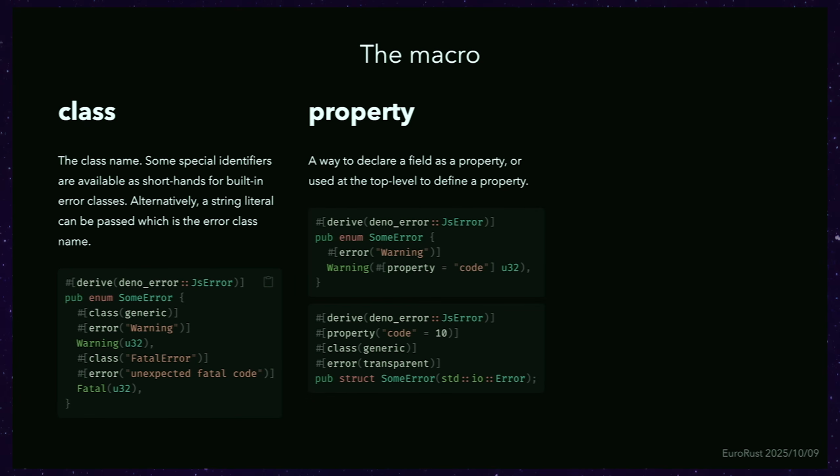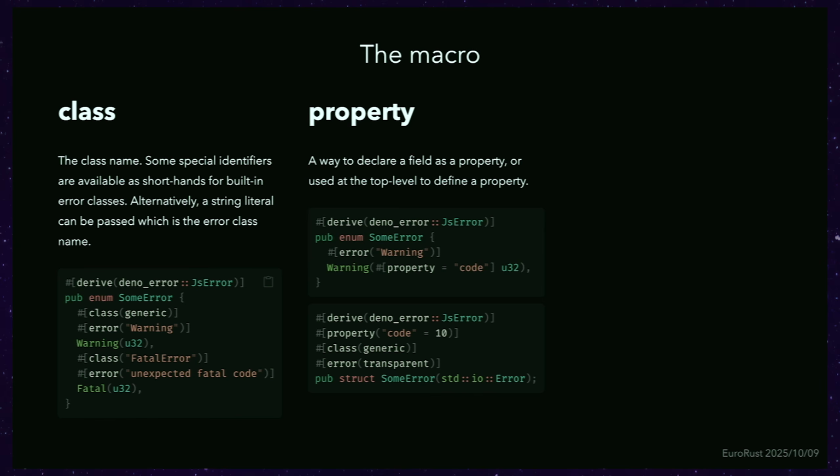Then we have the property attribute. Basically, it lets us define additional fields on the JavaScript error using an attribute. In the first case, you can define the name. For example, if you have a tuple enum variant, it's just property equals the name that you want to define. Or if you use it in a normal struct, or an enum struct variant, you can just define the property without a name.